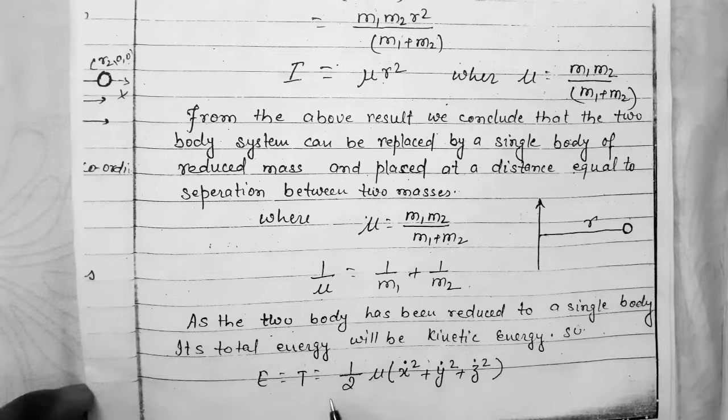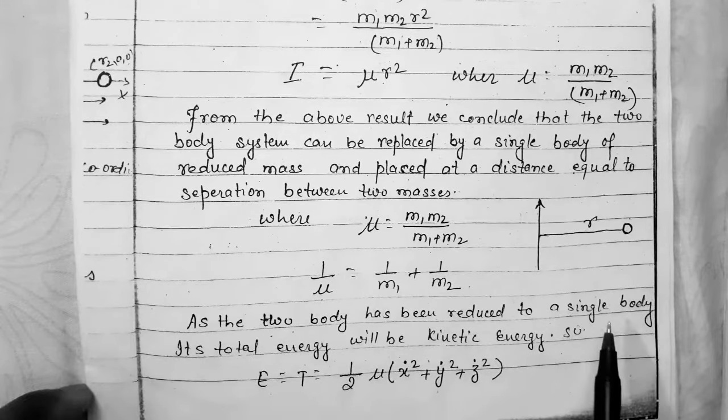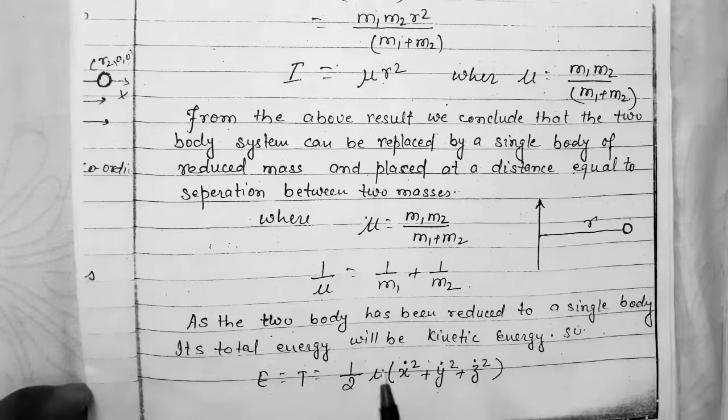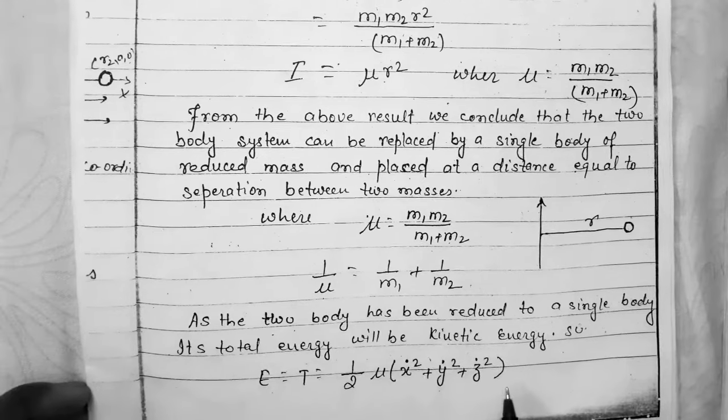Okay, this is the definition of kinetic energy, because we have to replace the two body system with a one body system. In this case the potential energy is 0, because the rotation is also happening, and for the rotation of axis the potential energy tends to 0, so we are only left with the kinetic energy term.